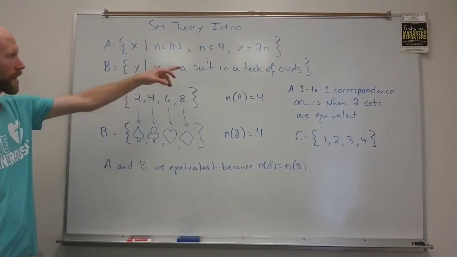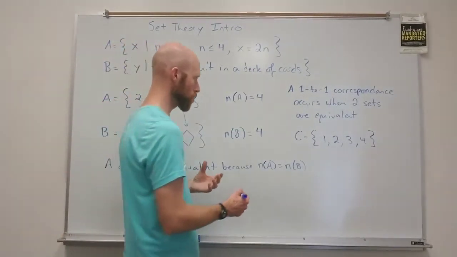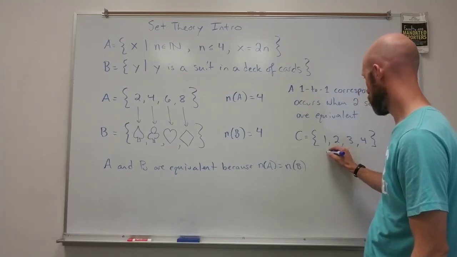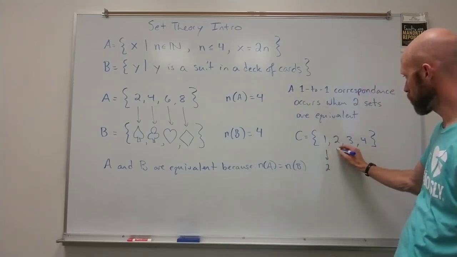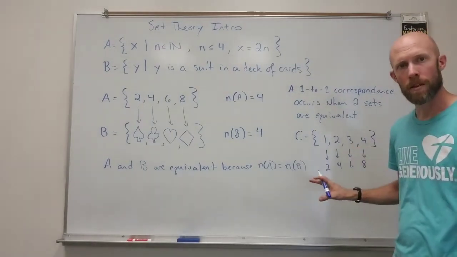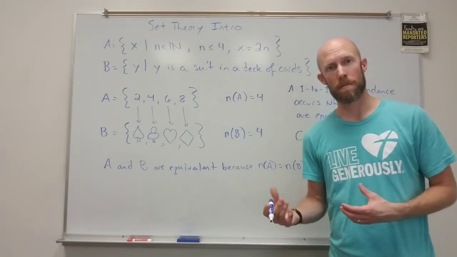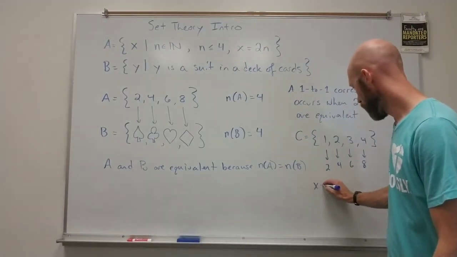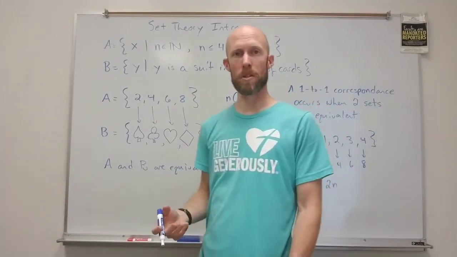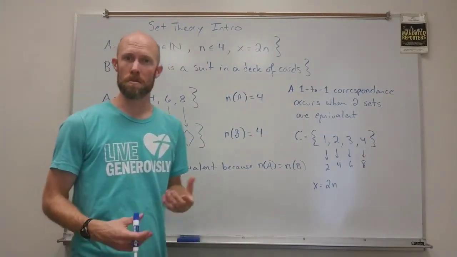It's the values of n that I use to calculate set A. Then the correspondence between C and A, right, so correspondence took 1 and made it 2, took 2 and made it 4, took 3 and made it 6, 4 and made it 8. That one-to-one correspondence can be actually represented mathematically as an equation x equals 2n. So this actually is a one-to-one correspondence between the sets, the set containing these n values and the set containing these x values. It's kind of interesting.